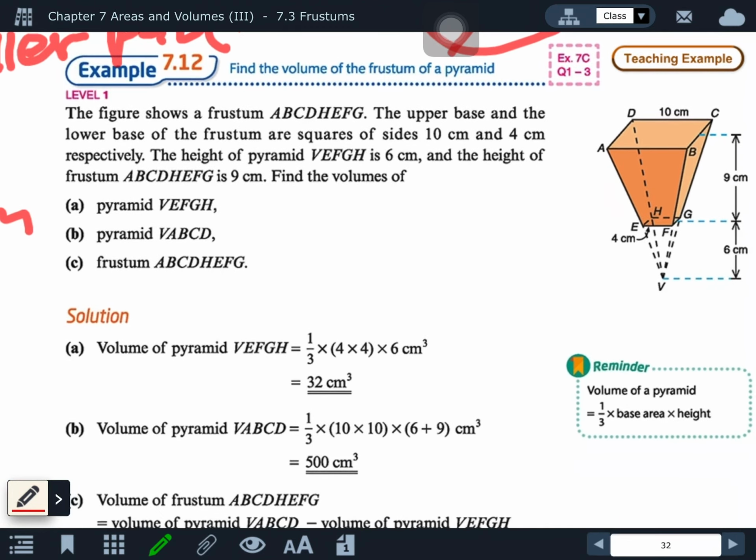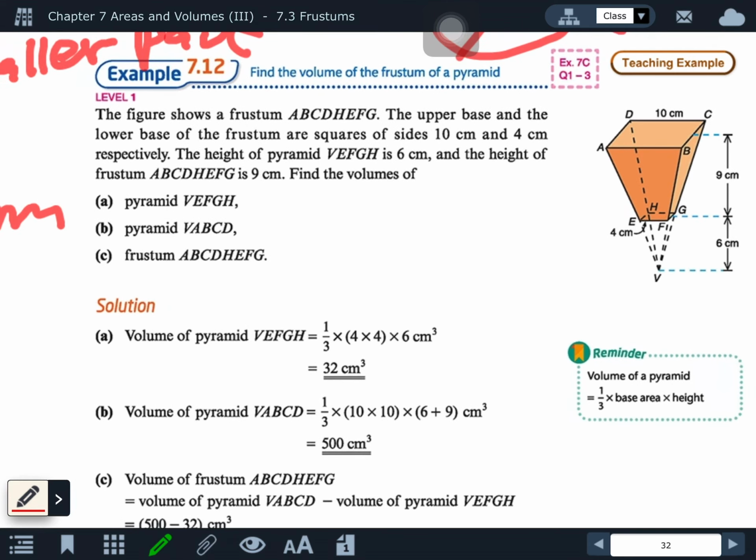Let's see an example of how to calculate a frustum. Now we have a frustum on the right-hand side.